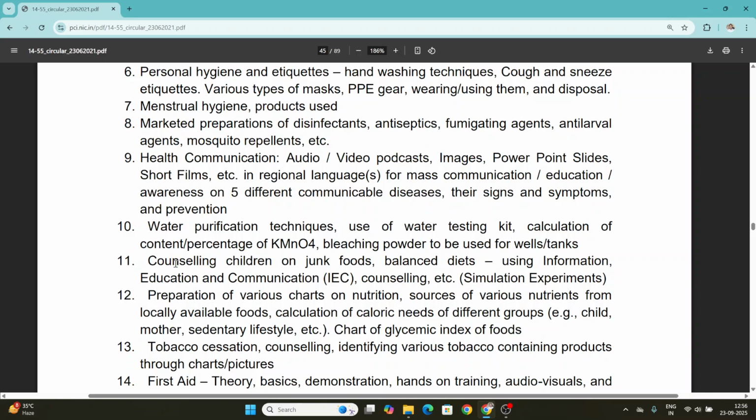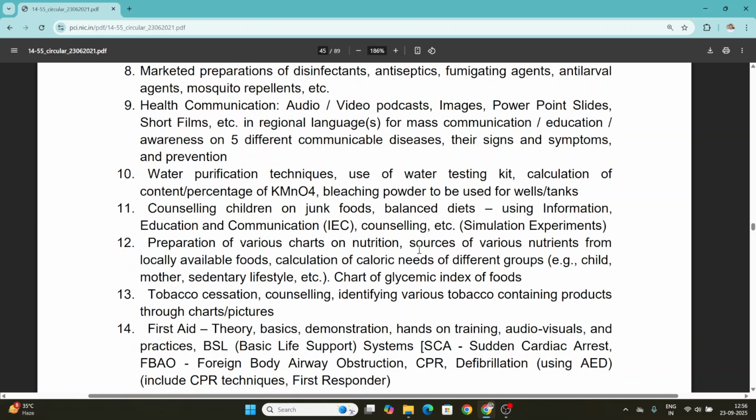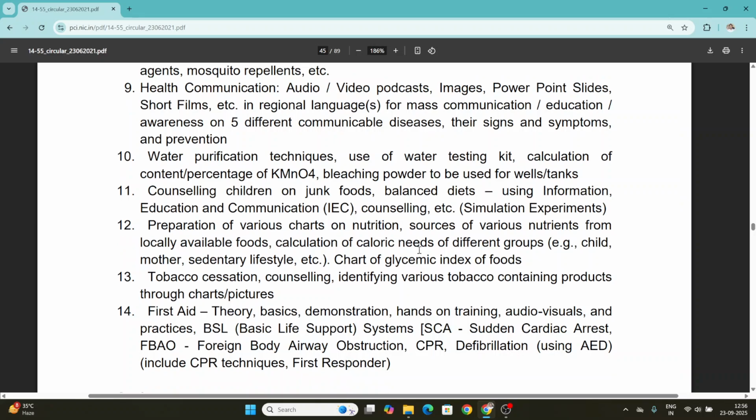Counseling children on junk food, balanced diets using information, education, communication, IEC, counseling, etc.